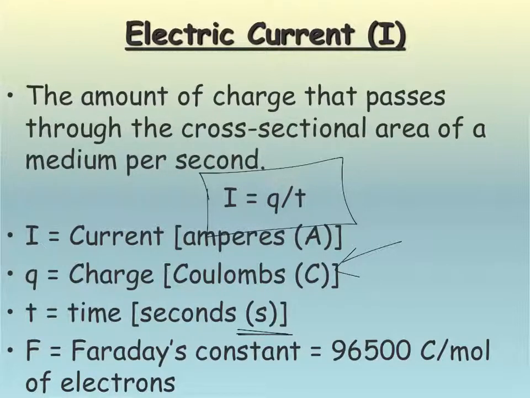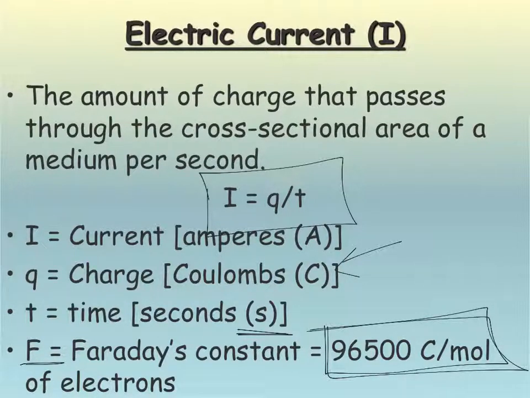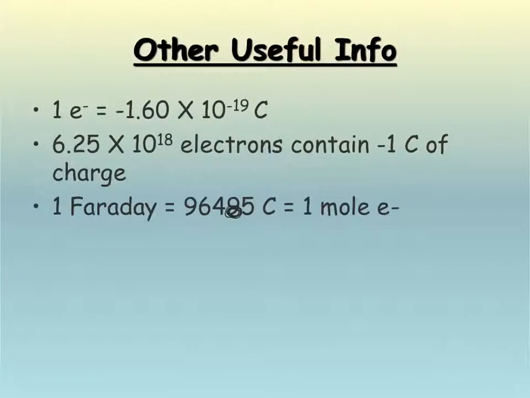We also have Faraday's constant, which you've used previously in the delta G equation. We're going to revisit it again. Just understand that 1 Faraday is equal to Faraday's constant, which is how many coulombs we have per mole of electrons. Here are a couple other useful bits of info that you may or may not need later on.